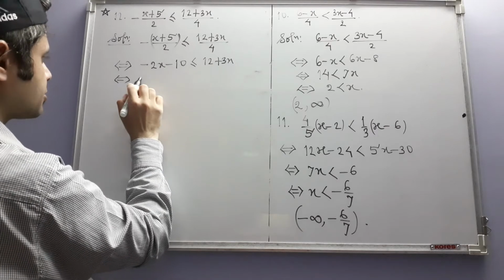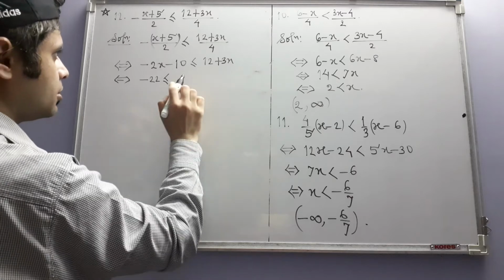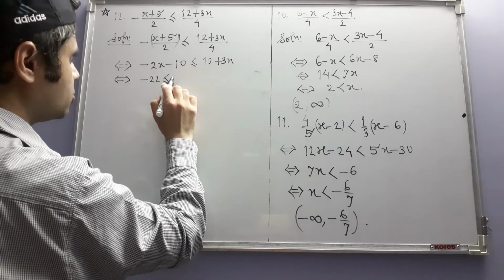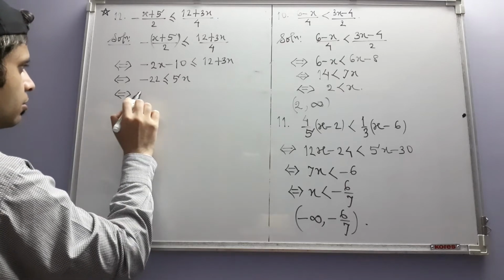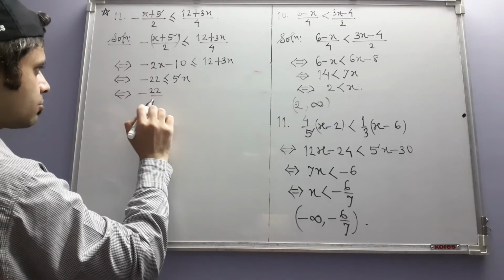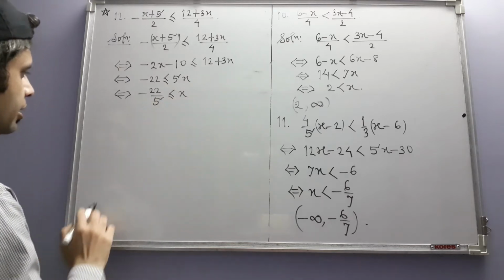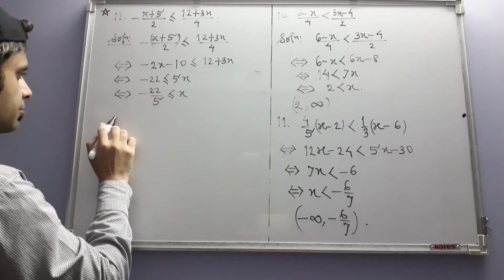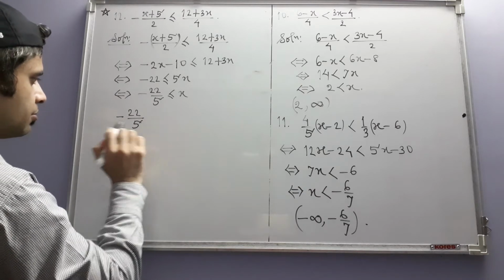Minus 10 minus 12 is minus 22, is less than 2x plus 3x, which is 5x, or minus 22 divided by 5 is less than or equal to x. So here the solution set is this interval.